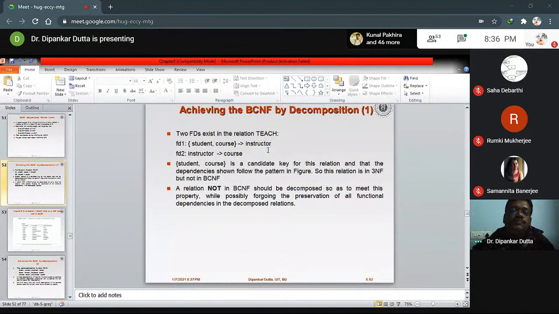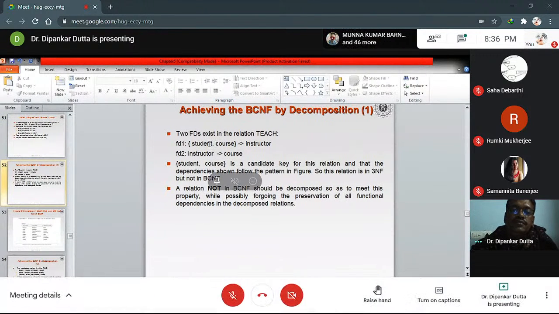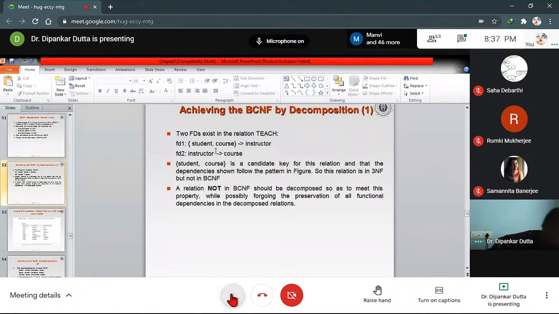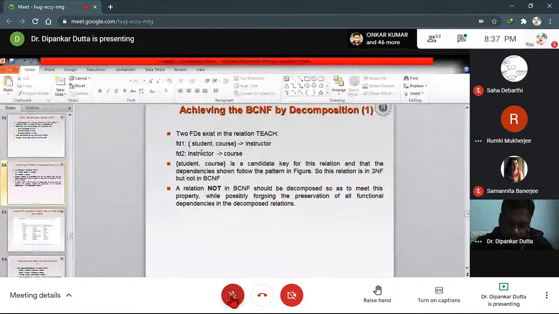In this case, X is the super key, no problem, for the first FD. But in the case of the second FD, instructor is not the super key. Student and course together is the super key, but instructor alone is not.